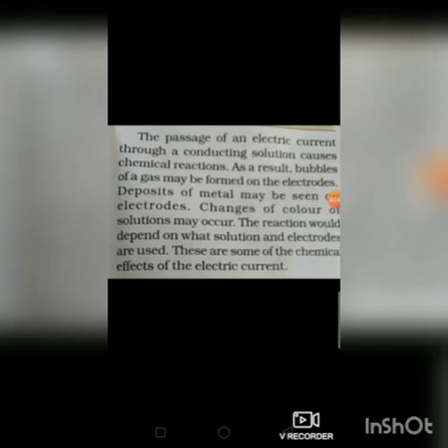Changes of color of the solution may occur. The reaction would depend on what solution and electrodes are used. So these are some of the chemical effects of the electric current.